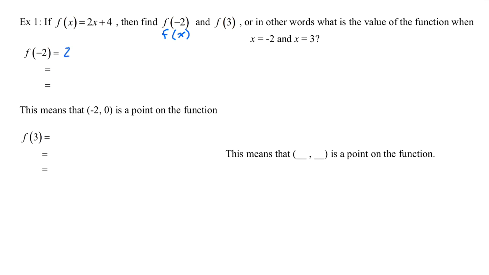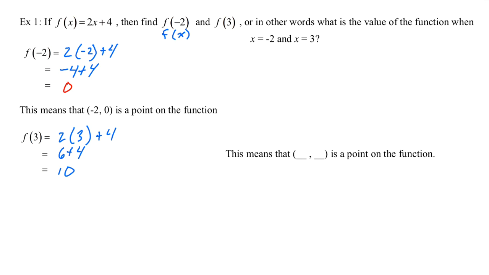So this is going to give you 2 times negative 2 plus 4, which is negative 4 plus 4, or 0. Okay? And then the next one says find f of 3. Well, f of 3 would be 2 times 3 plus 4, which is 6 plus 4, which is 10.